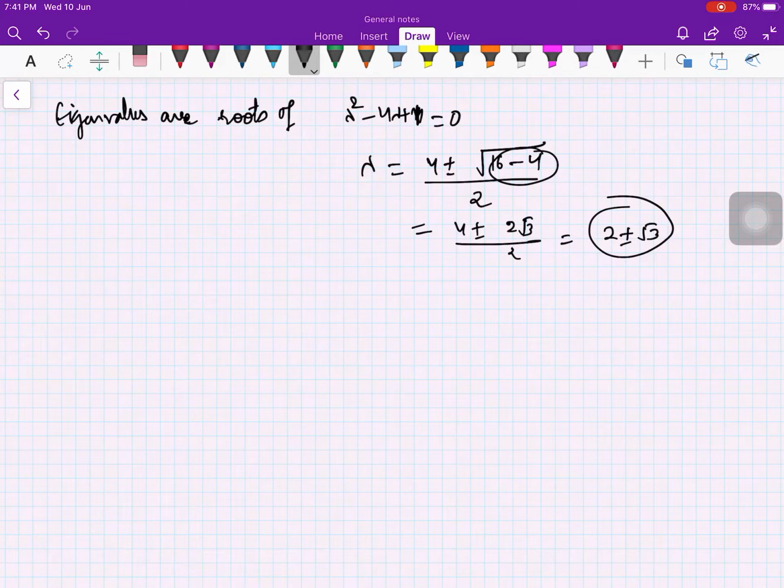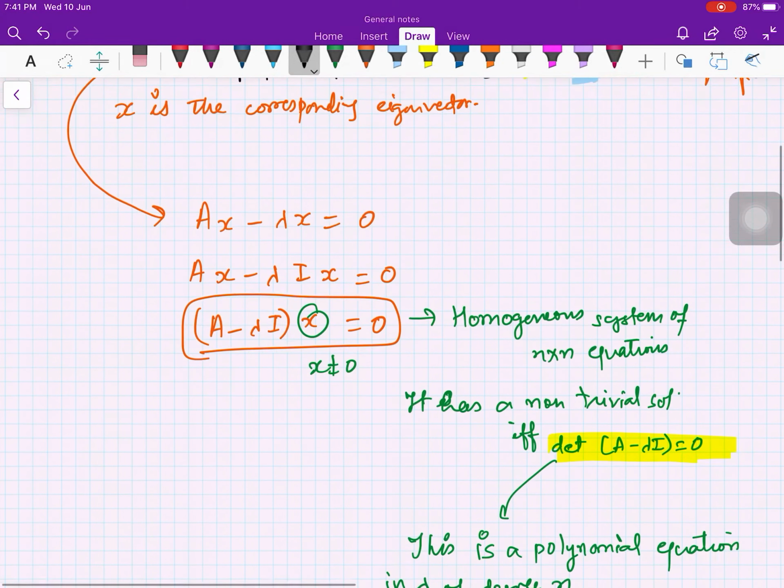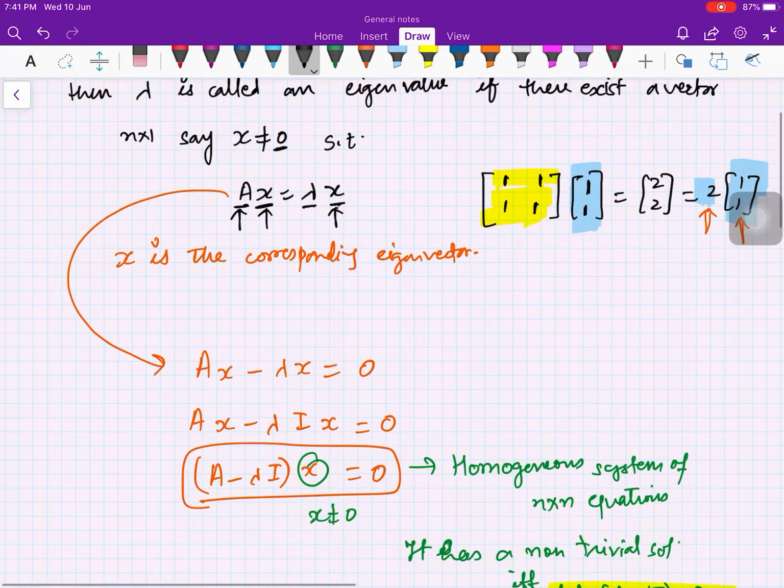Now the question is, I want to find the eigenvalues of the linear map, not the matrix. But you may ask me, ma'am, we want the eigenvalues of this linear map and you are telling us the theory for finding the eigenvalues of the matrix. So what is the relation?